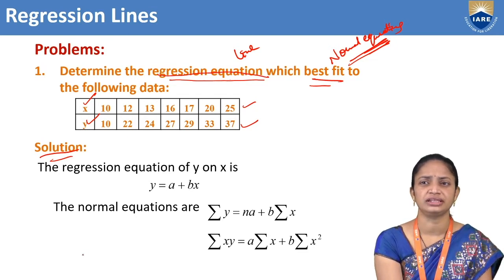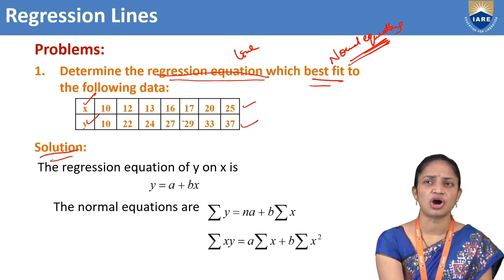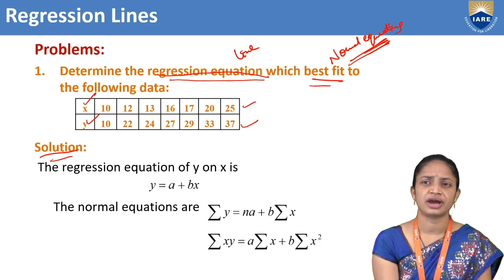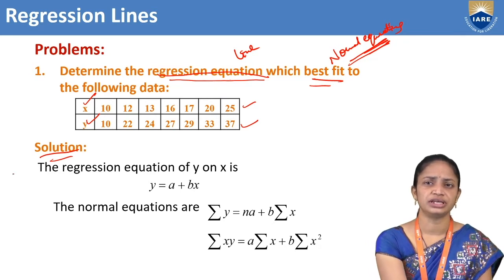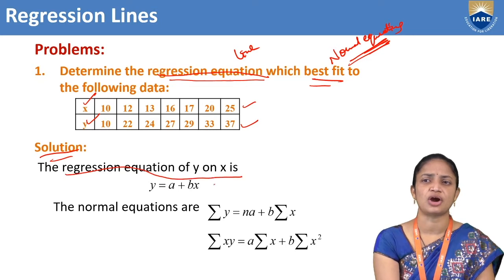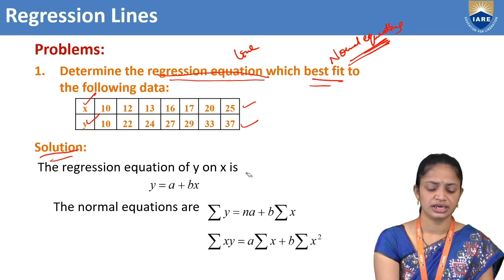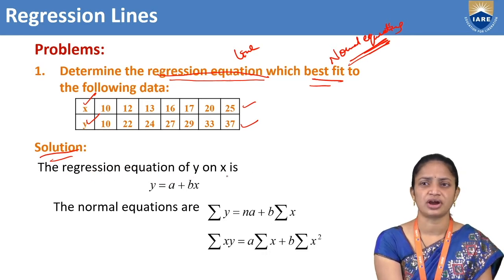So coming to the solution, here we are finding the regression equation. They have not given whether it is a regression equation of y on x or x on y, so you can find any one. Here I am finding y on x. The regression equation of y on x is y equal to a plus bx.